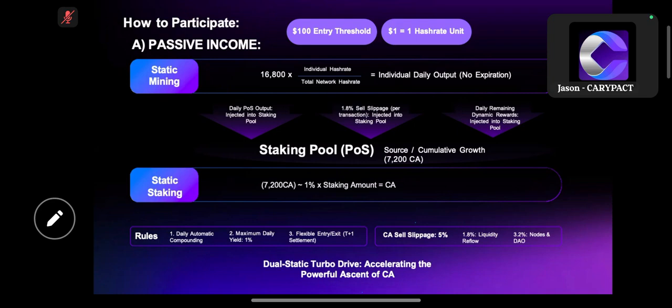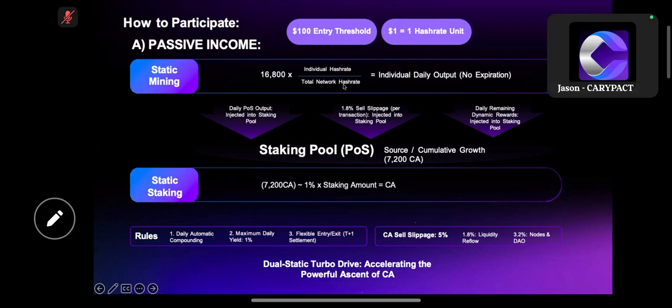So 16,800 is fixed for the next 2 years. Correct. Now your own investment is called the individual hash rate. For example, if you're investing or staking $10,000, that is equivalent to 10,000 hash rate, divided by the company's total network hash rate.